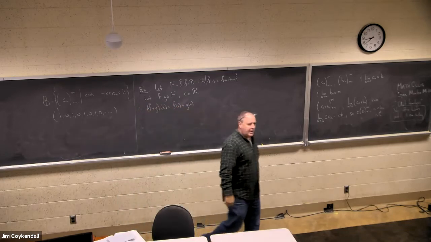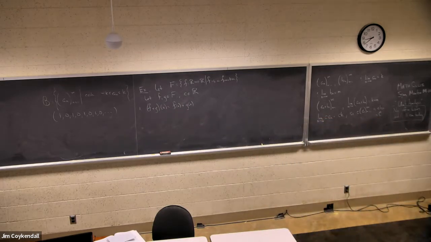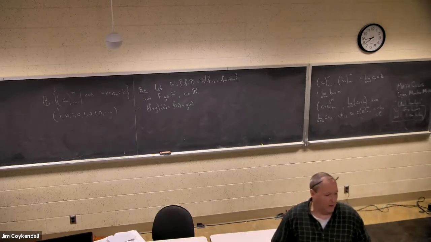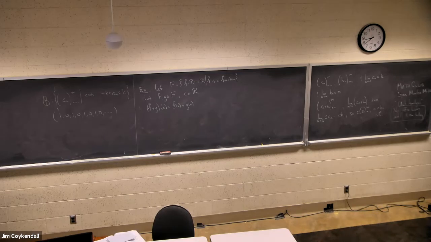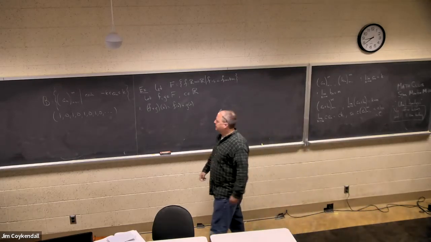In fact, this is just the way you add functions in calculus. It's just pointwise addition, right? Like if you wanted to add up the functions sine and cosine, it's just sine x plus cosine x. If you wanted to add up e to the x and tangent x, it would be e to the x plus tangent x. That's it. When I add two functions like this, I get a function.